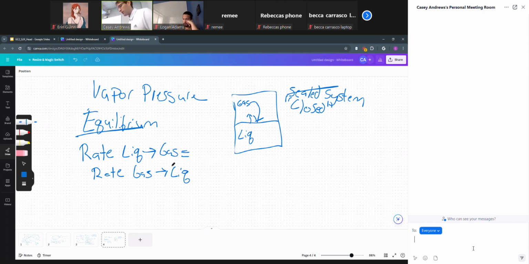Right? So I'm becoming a gas and the gas is going back at the same speed. What that means is if this is true, the concentration of gas doesn't change anymore.